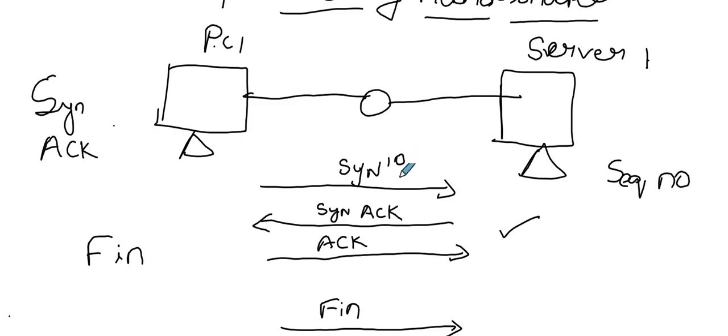Okay, so now the synchronization number will be 50 and the acknowledgement number will be 11. This is the own sequence number of server 1, but the acknowledgement number should be 11 because after 10, 11 is expected, meaning server 1 has been accepted.